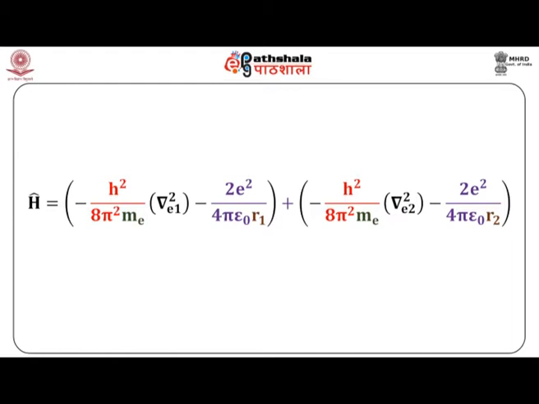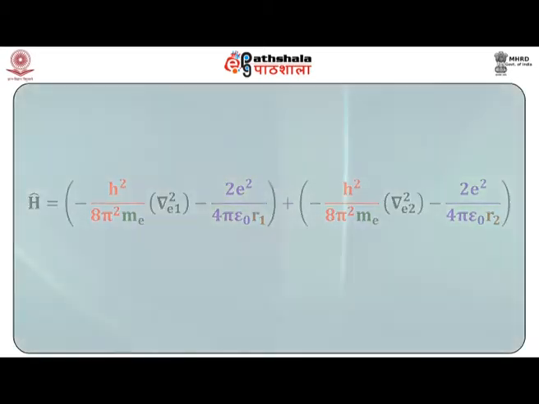So these are the two terms in one parenthesis, and in the second parenthesis we have the terms minus h²/8π²m_e ∇₂² minus 2e²/4πε₀r₂. So these are the two terms in the second parenthesis.